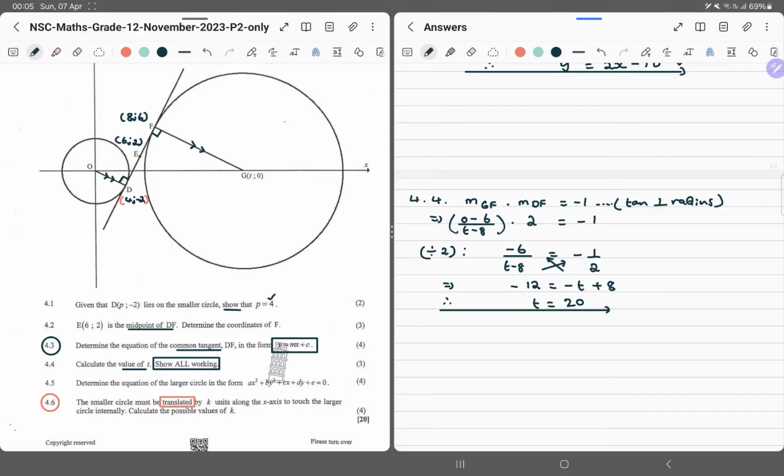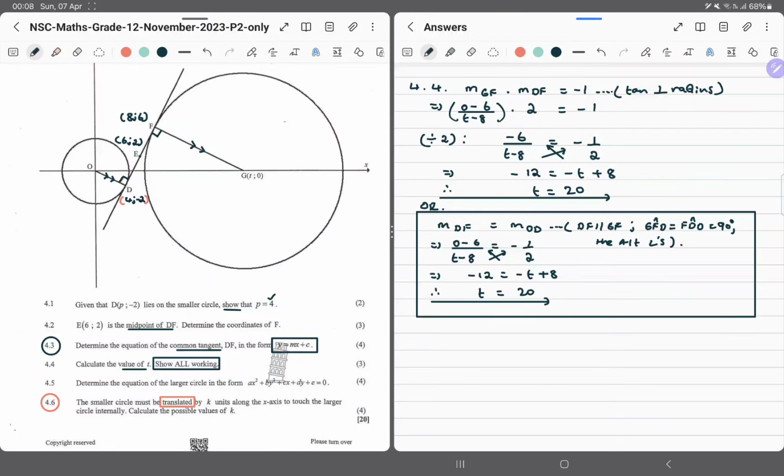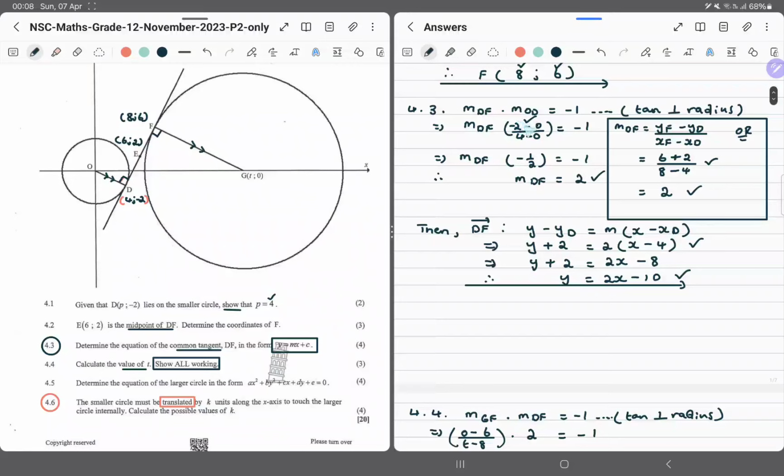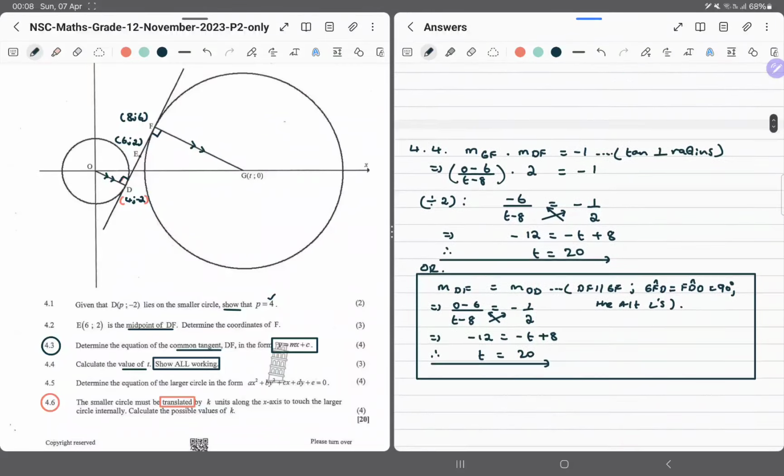Or alternatively, we can actually use what we realized, that this OD is parallel to FG, and essentially suggesting that their gradients are the same. And now we know the value of the gradient of OD because we have used it above. Can you see certain calculations become easier?